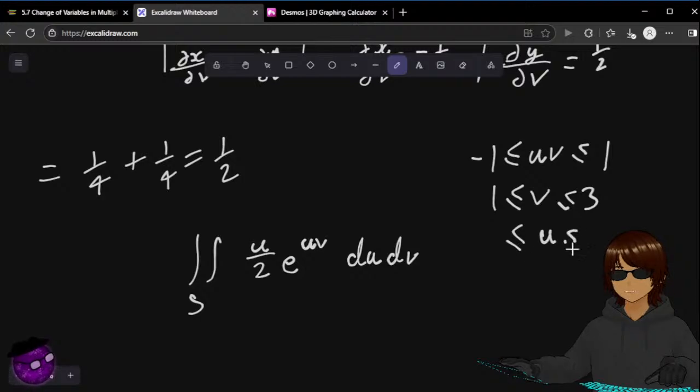Then that means u must vary from, if v is the largest number, which is 3, and u is -1 over 3, then we will get -1, which is the smallest number.